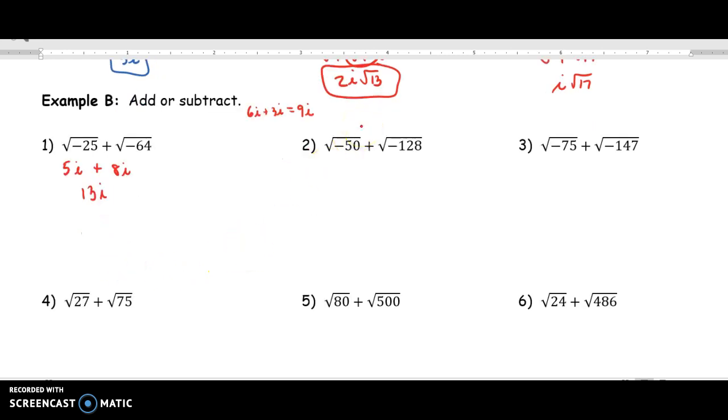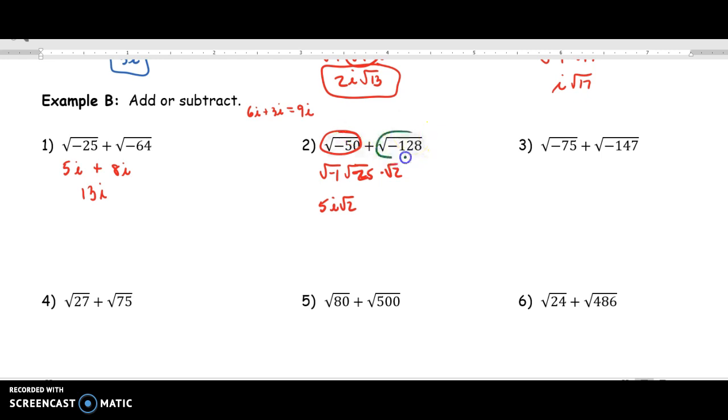Okay? Now the next one, when you're adding, you have to simplify each of these terms first. So root -1 times root 25 times root 2. This here will simplify to 5i root 2.